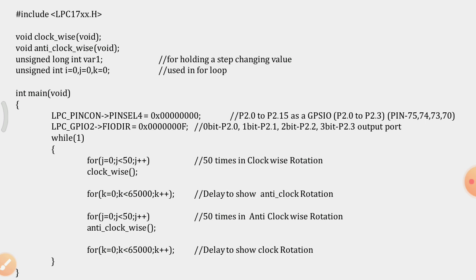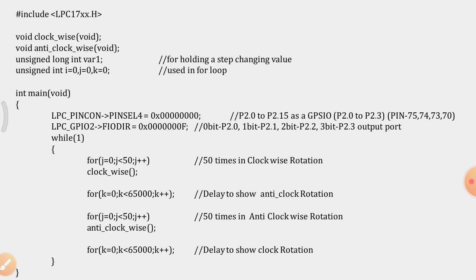Then the second line, after selecting these 4 lines, I have to make them output ports. For that purpose, I require 4 bits of the FIODIR register, which is LPC_GPIO2, port 2.